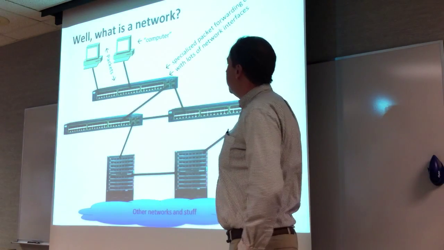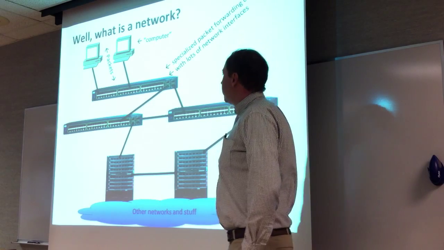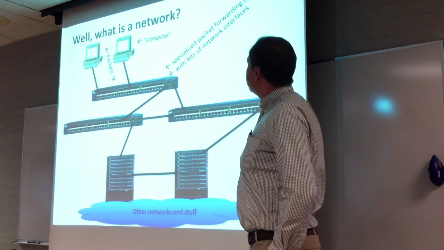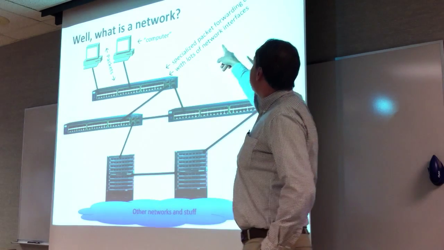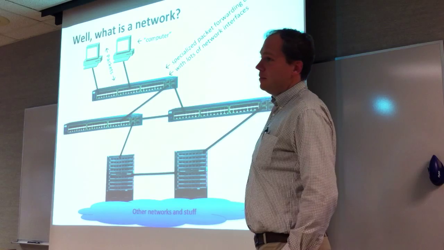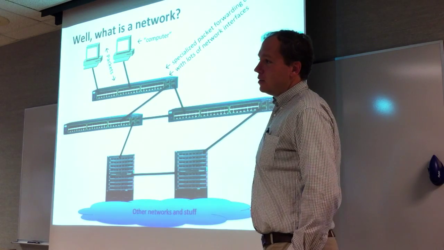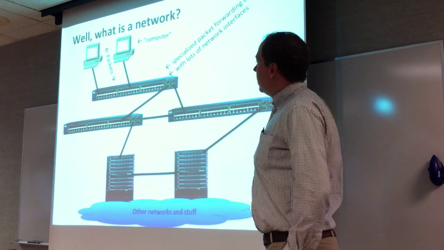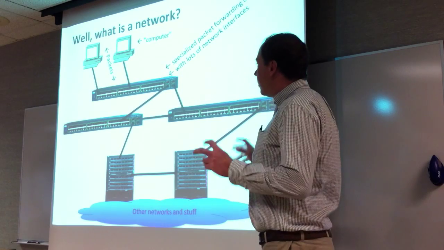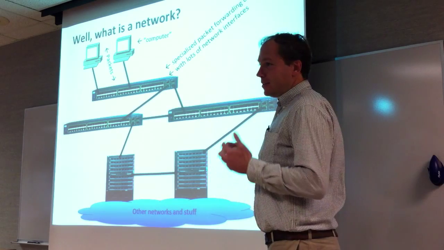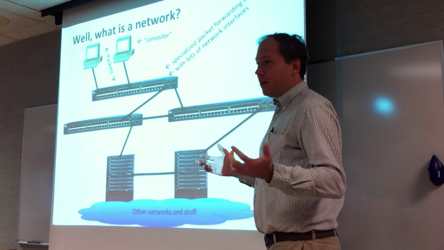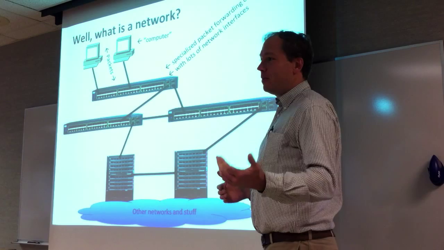And that connects to what we normally would call a network device, a router or a switch. I want to point out that that's really a specialized packet forwarding computer with lots of network interfaces. That's really what that thing is. And the original routers and bridges were in fact PCs or whatever kind of computer just with multiple interfaces.